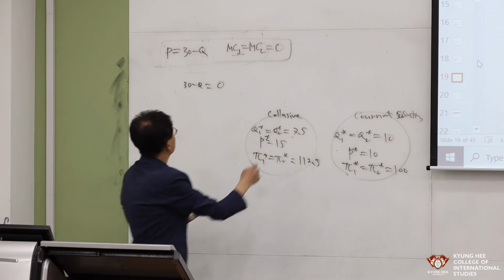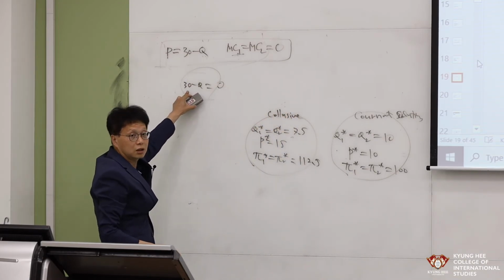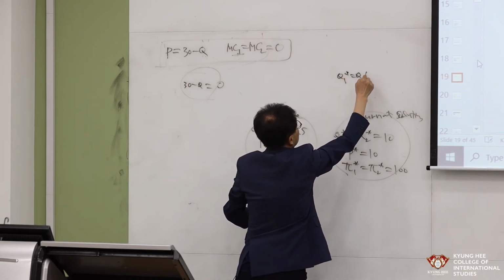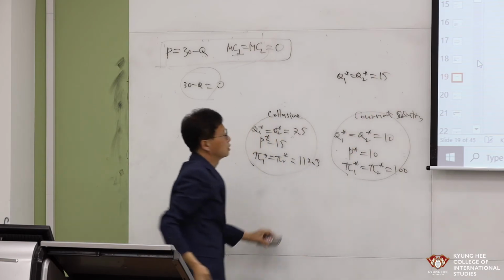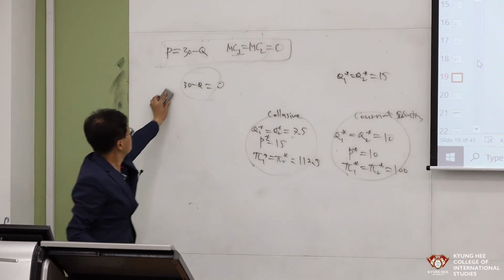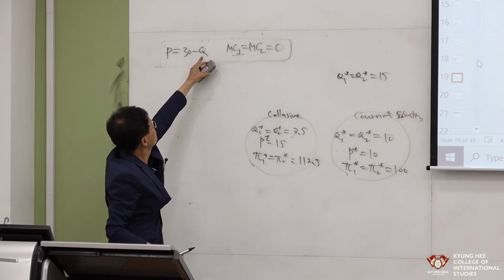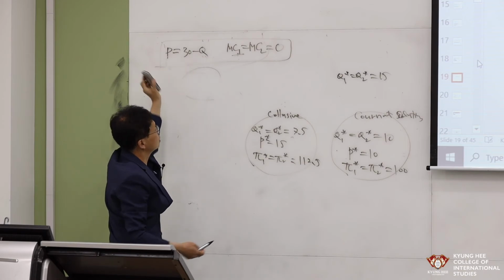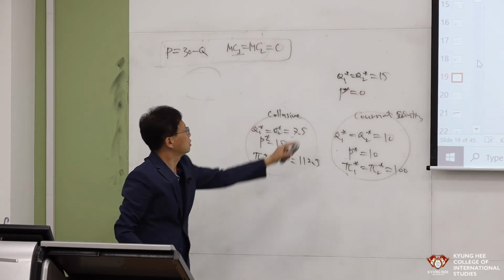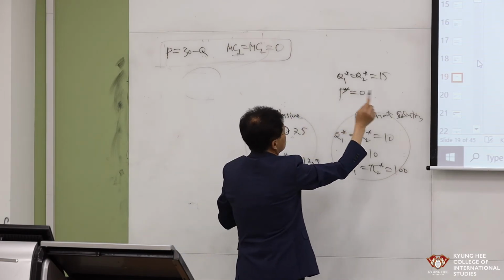Okay? So Q is 30. So Q1 star and Q2 star is 15. Right? Then price is 30 minus 30, which is 0. So price should be equal to 0, equal to marginal cost. Okay?